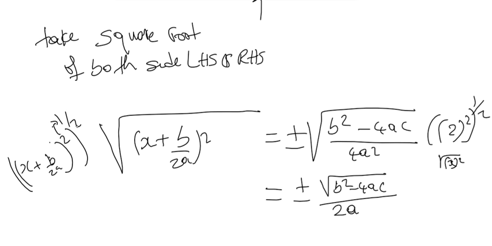And then you're going to have 2 over 2, 2 divided by 2, so it becomes 1. So the whole thing just disappears. The 2's disappear and the half disappears. So the whole thing is raised to the power of 1, which is just the same thing as x plus b over 2a on the left hand side.